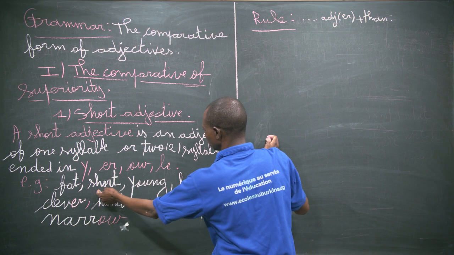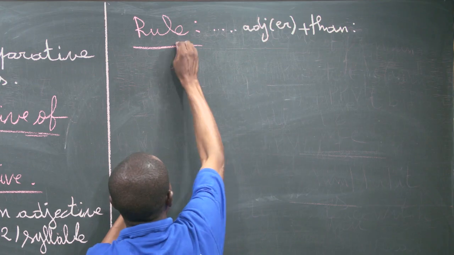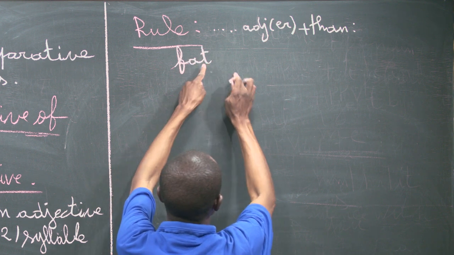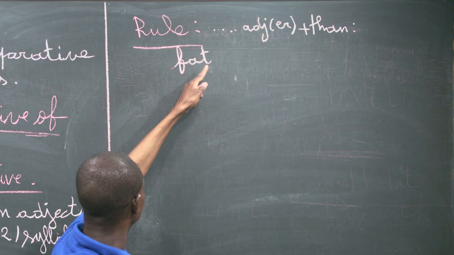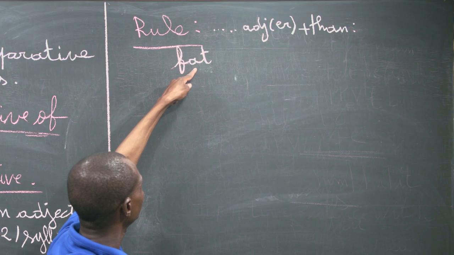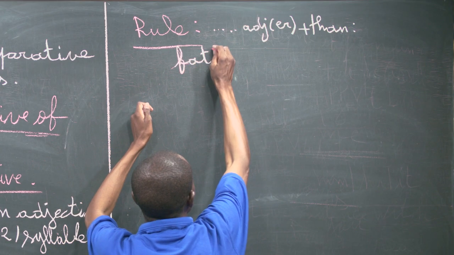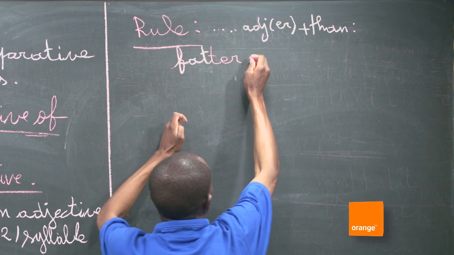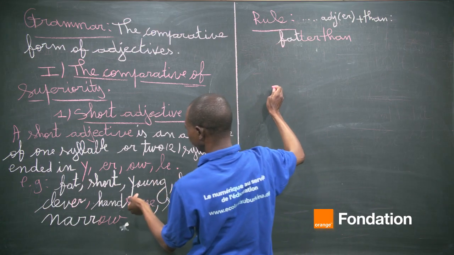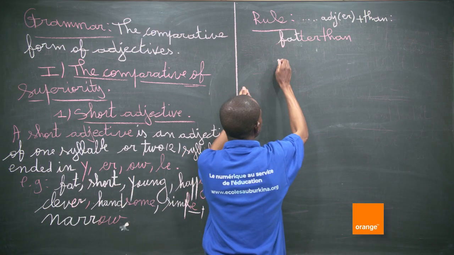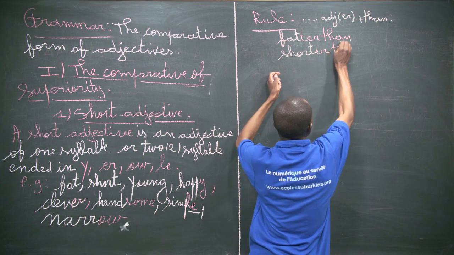Here we have fat: fatter than. We must double the T, because if the adjective ends in a consonant after a vowel, we must double the final consonant. Another example with short: shorter than.